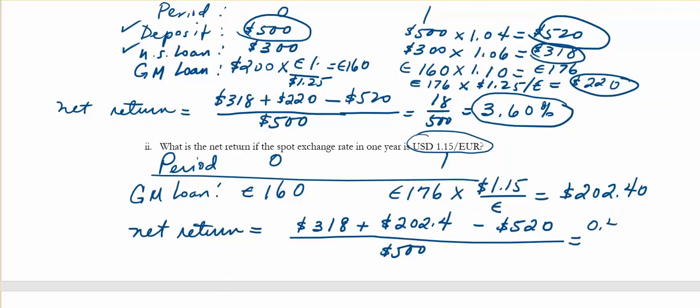So now we have a paltry $400,000 for a $500 million original investment, and basically nothing. It is positive, at least. Now, you could probably gather if the euro depreciated a little bit more than this, like to $1.1, $1.05, now we'd have a negative return.